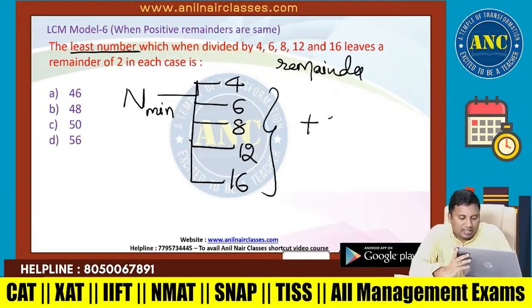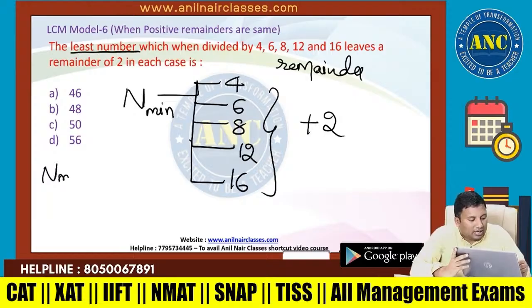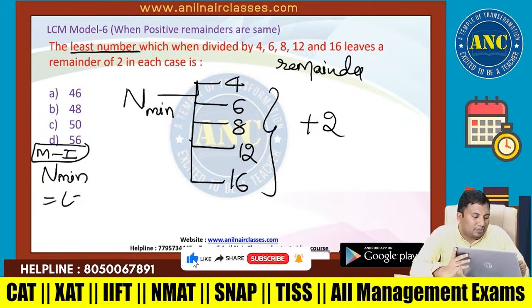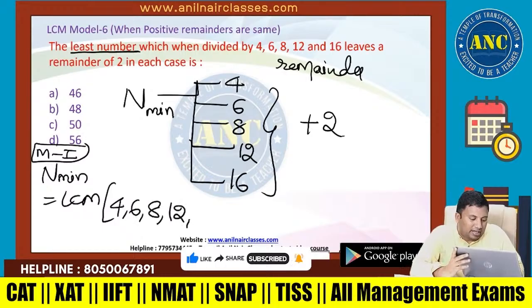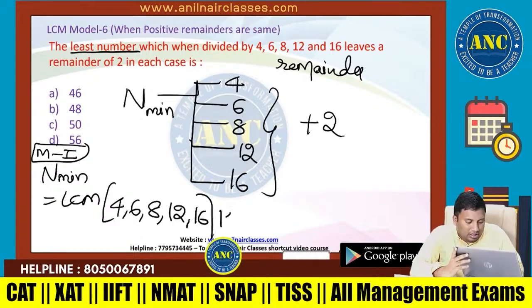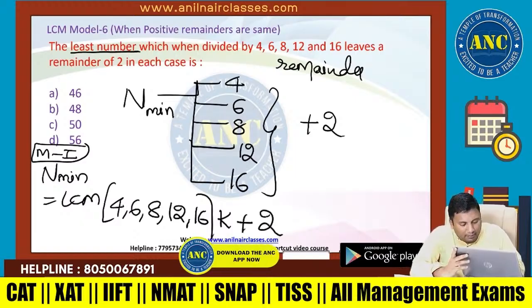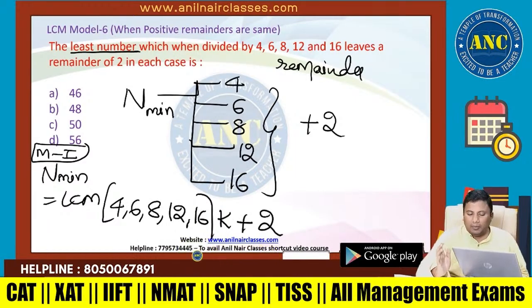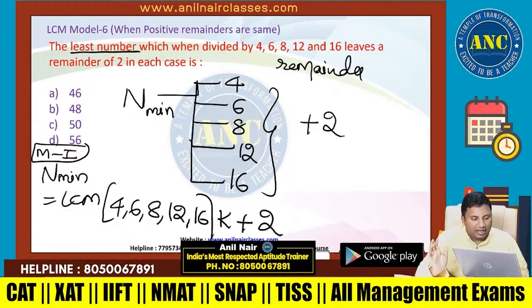In all the cases it gives a remainder 2. What is the number? That is method 1. What is the number that is divisible by all the numbers? That is the LCM of the given numbers. 4, 6, 8, 12, 16 into quotient plus a remainder. Am I right? So you will find that value.